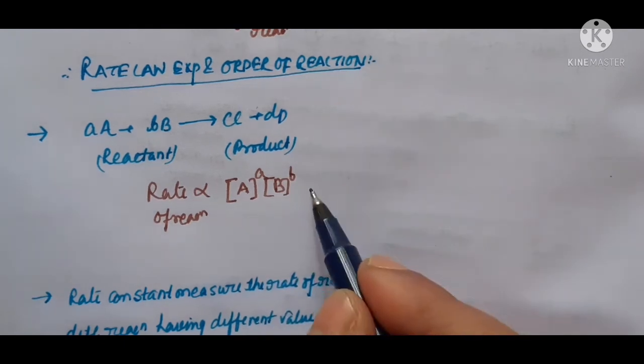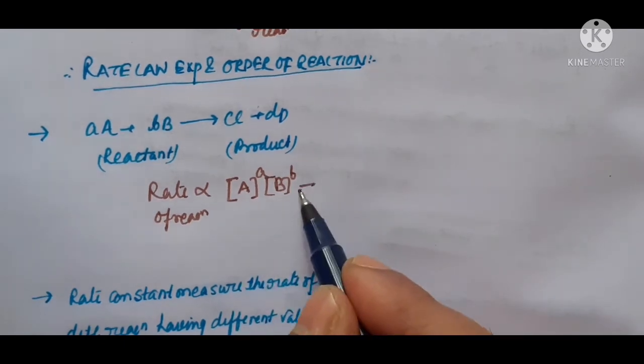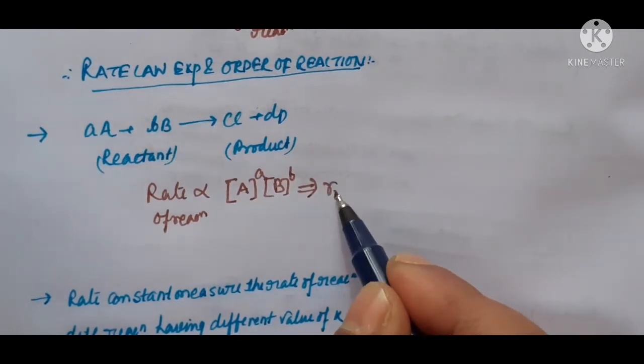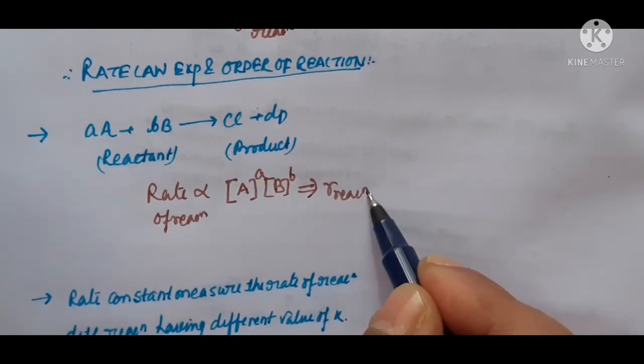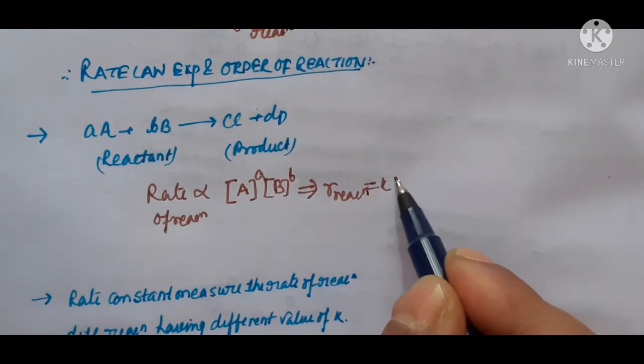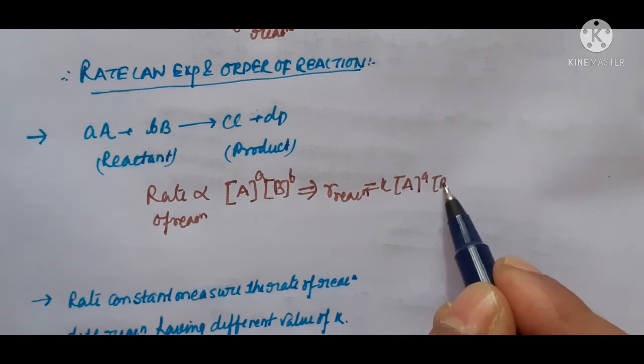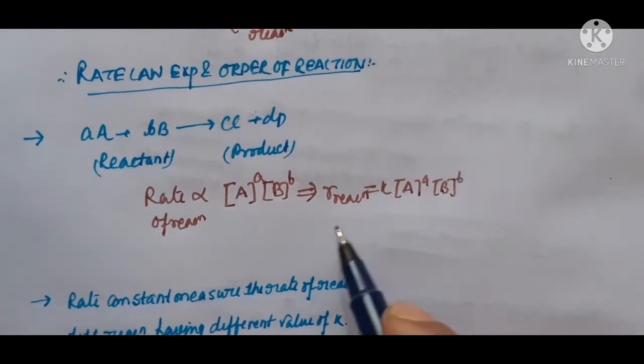If we replace the proportionality sign, we can write: rate of reaction equals K [A] to the power a and [B] to the power b.